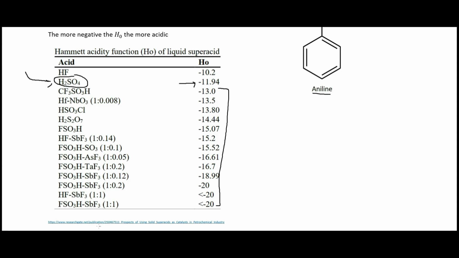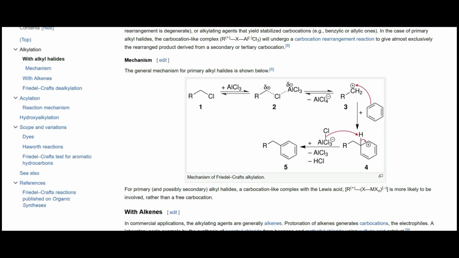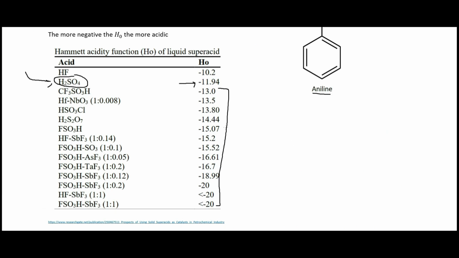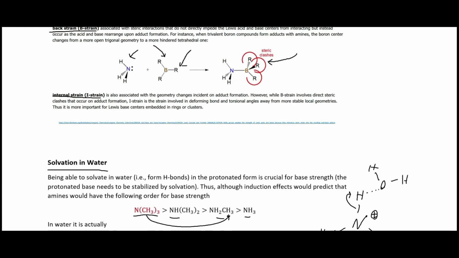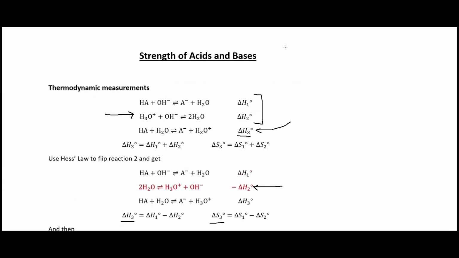And anything that is more acidic than this AlCl3 can be considered a super Lewis acid, I guess you could say. But anyway, those are various considerations for the strengths of acids and bases.